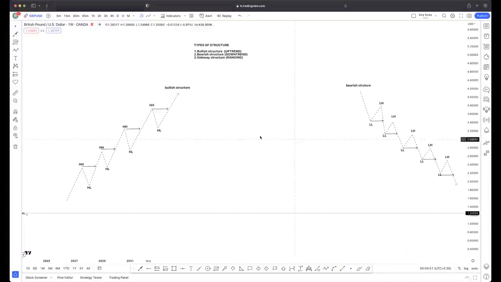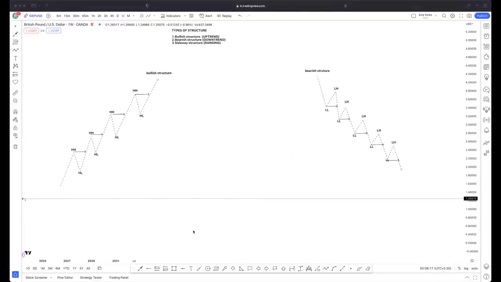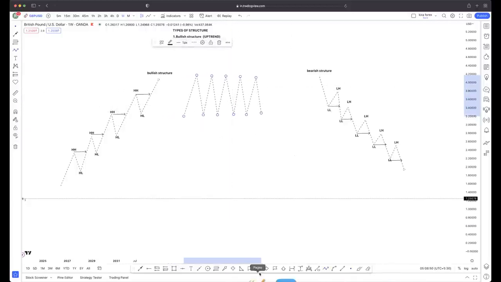So the third point under the types of structure is sideways structure, ranging, or consolidation. Now in this type of structure, we have a series of equal highs and equal lows. So in a consolidation or a ranging structure, the market does not have any particular movement or any particular trend.